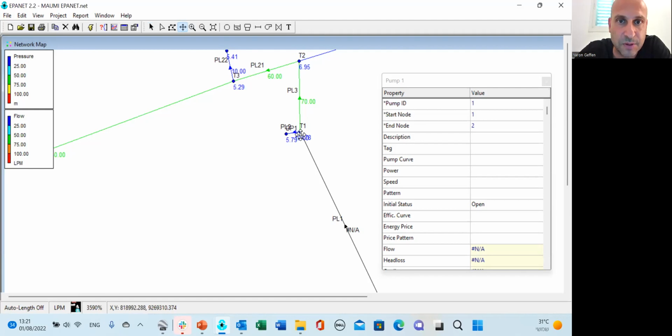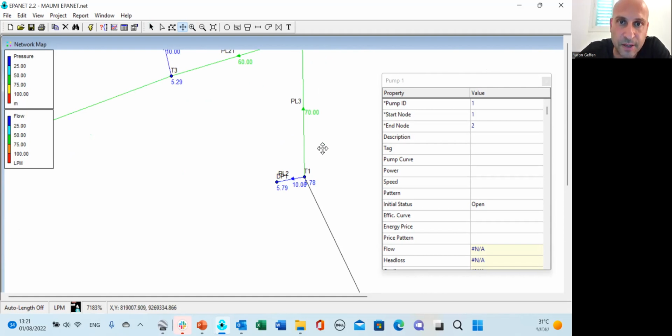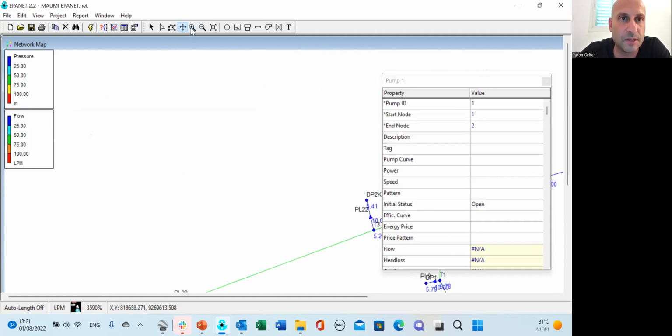We supply 10 for this junction and 70 towards the system. So together it's about 80 liters per minute. So this is what we would like the pump to supply, 80 liters per minute.